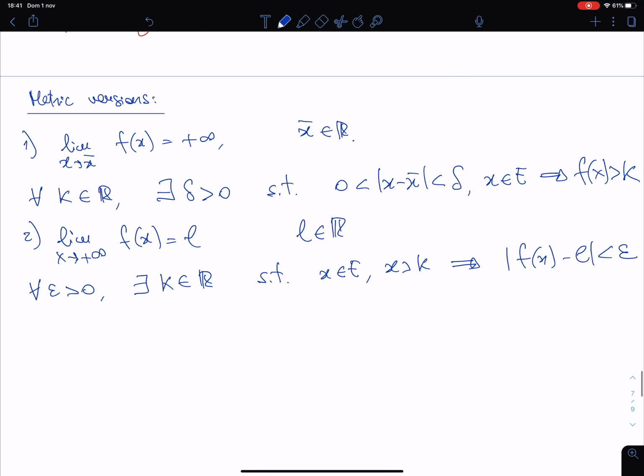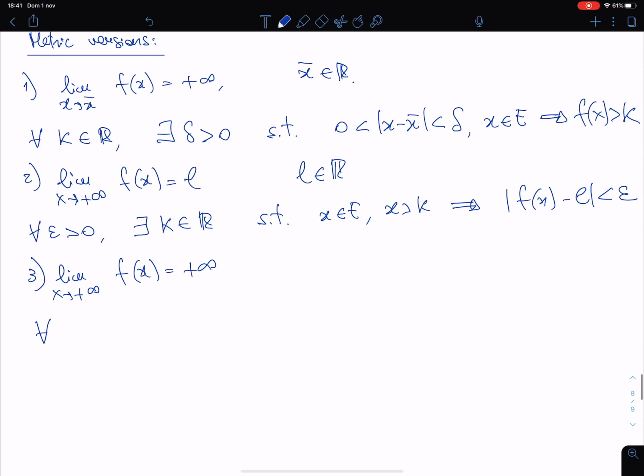I write you the final one, and then the limit for x going to plus infinity of f of x is equal to plus infinity. Here, first think of the limit, which is plus infinity, so for every k in R, there exists m in R, such that if x is in E, x larger than m, then f of x is larger than k.